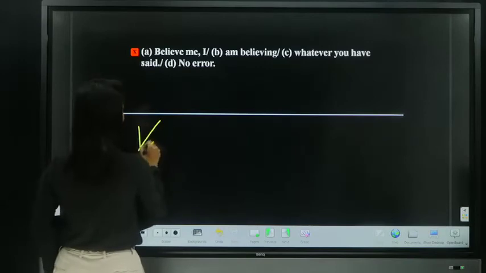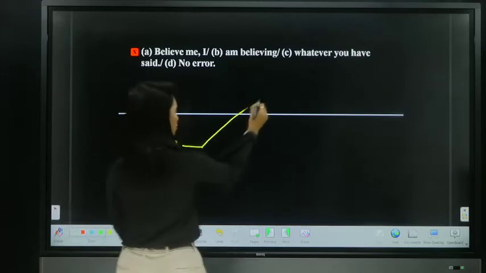We have discussed five types of verbs which cannot be used in continuous tense. Do you remember that?